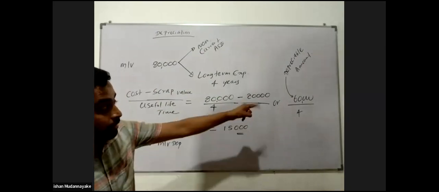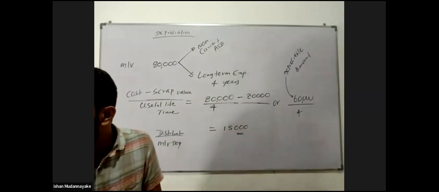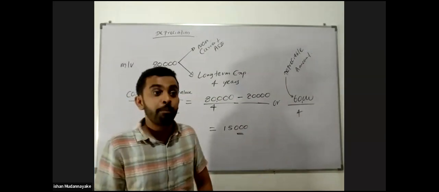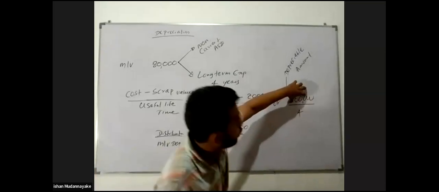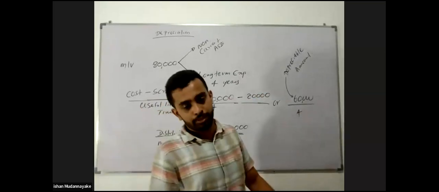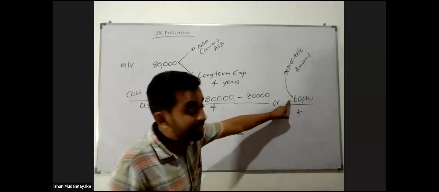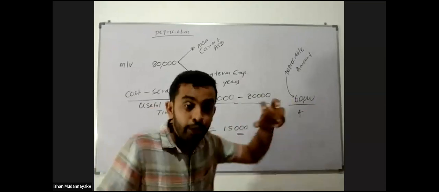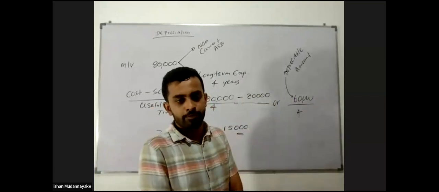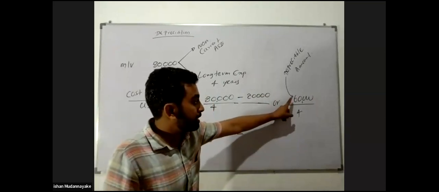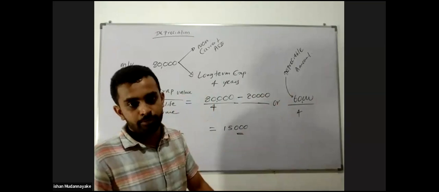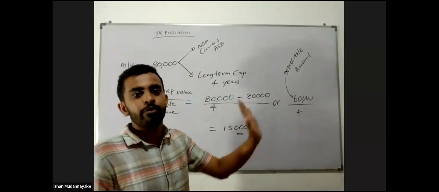Depreciable amount is the amount that can be charged over 4 years. Over 4 years, you can charge this 60,000 to profit and loss: 15,000, 15,000, 15,000, 15,000.